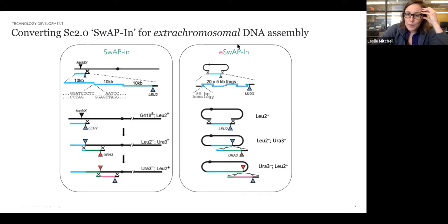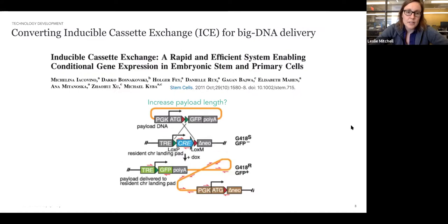So this swap-in approach I'll highlight in the context of a publication that recently came out, but that's one way that we're starting to think about assembling longer DNAs, and that's leveraging yeast and the learnings of SC2.